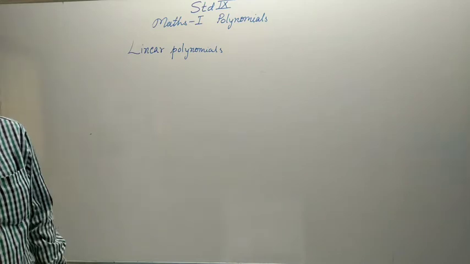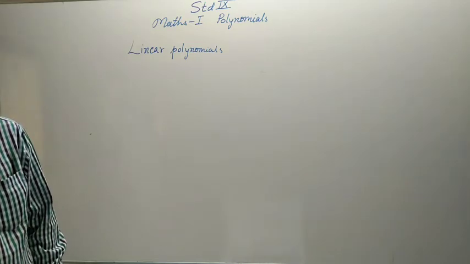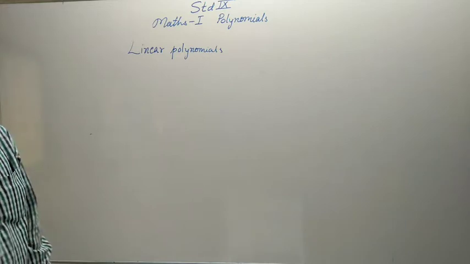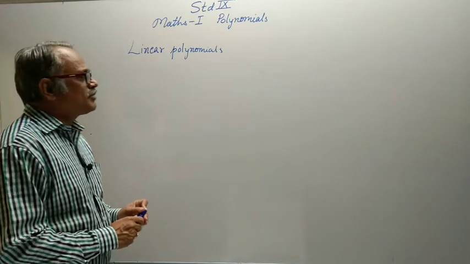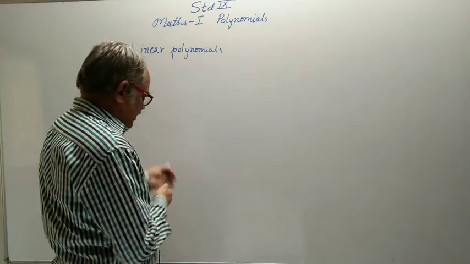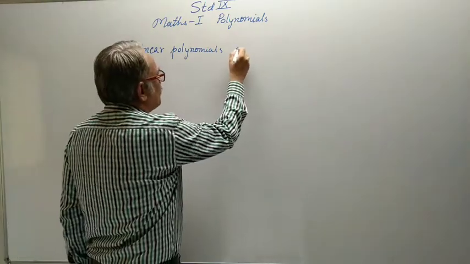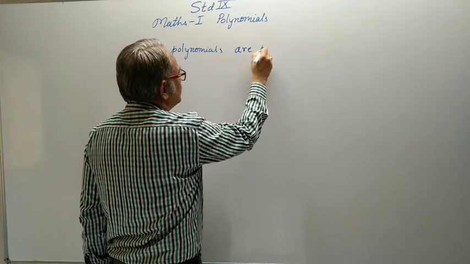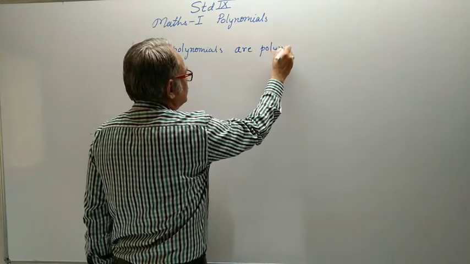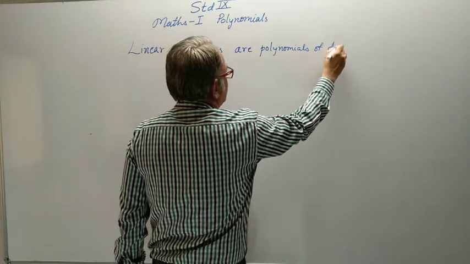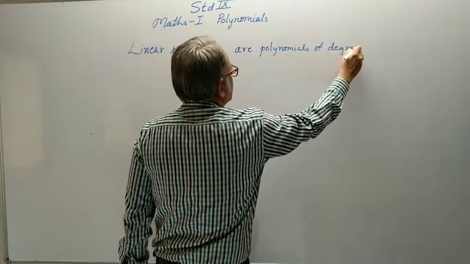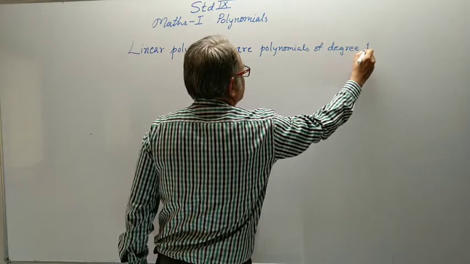Before starting the next question number 5 of 3.1, I will tell you what is linear polynomial, quadratic polynomial, cubic polynomial. Linear polynomials are polynomials of degree 1. Degree 1 means only one variable, no square, no cube, nothing.